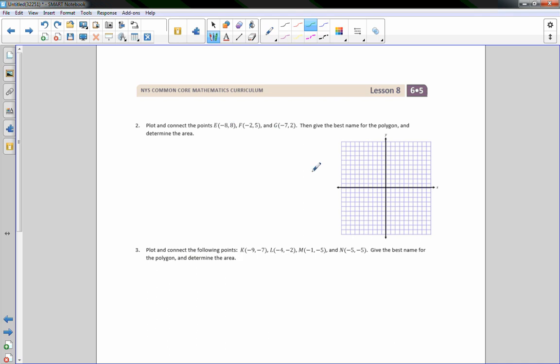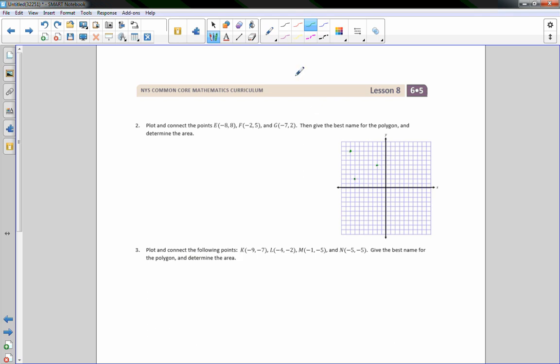And E is (-8, 8). So I go 1, 2, 3, 4, 5, 6, 7, 8, up 8, which is right here. The reason I know that's a 10 by 10 grid, so 8 is 2 less than 10. And then (-2, 5). Over 2, up 1, 2, 3, 4, 5 is here. And finally, -7 is here and up 2.